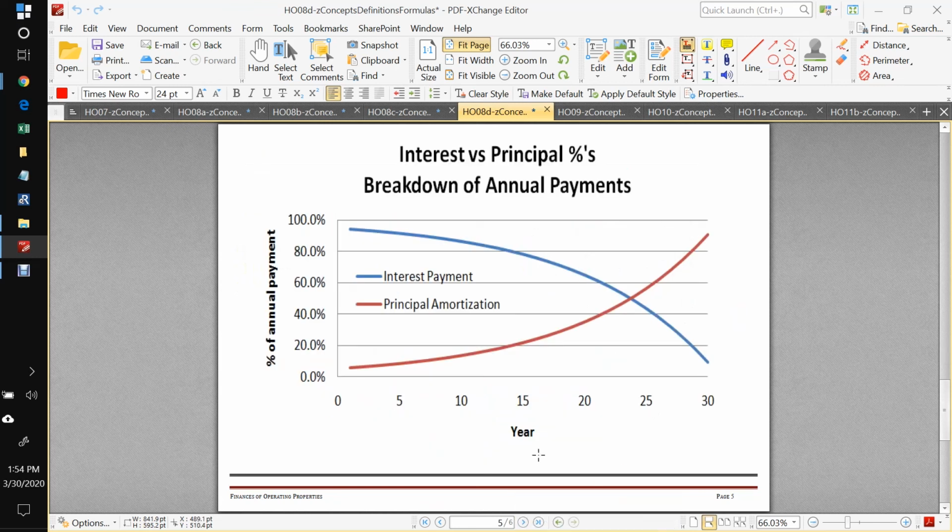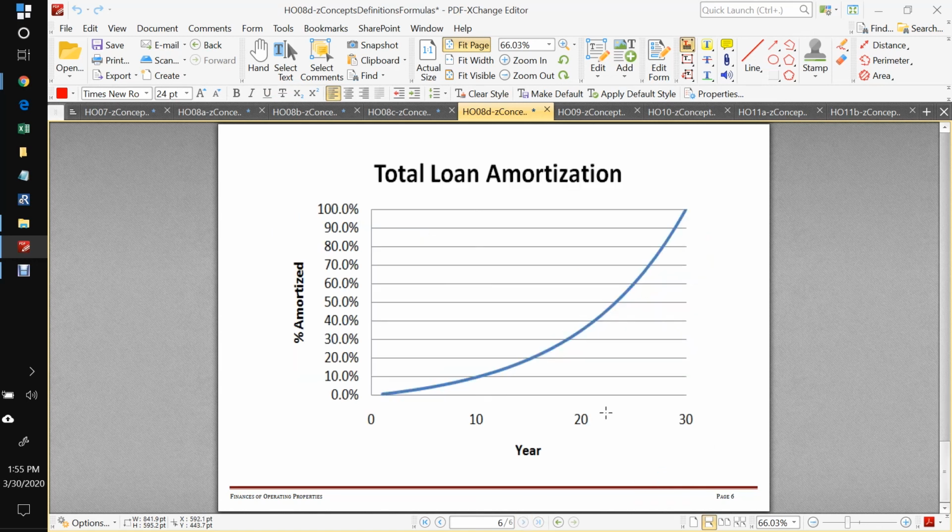And one of the last things we wanted to look at here is just to show you how this works for a 30-year mortgage. So let's put that in. And you see in the beginning, almost all of your payment is just going to pay interest. You're not paying down much principal. And this is highlighted even better on this graph where we're just showing the payment of principal.